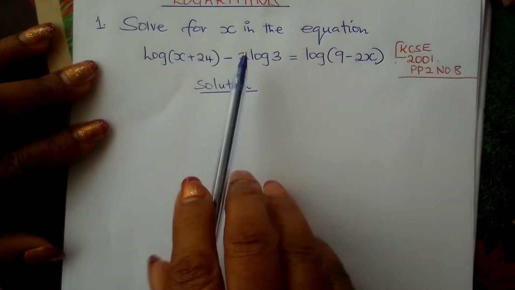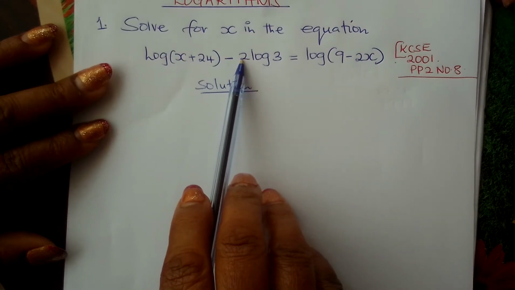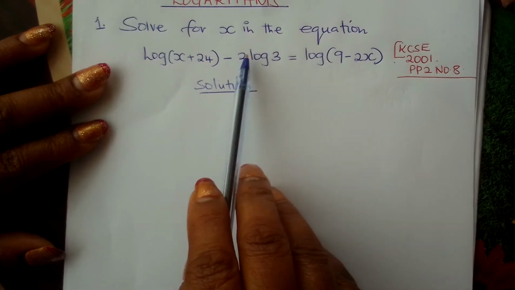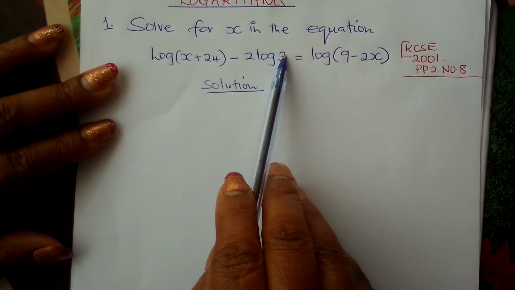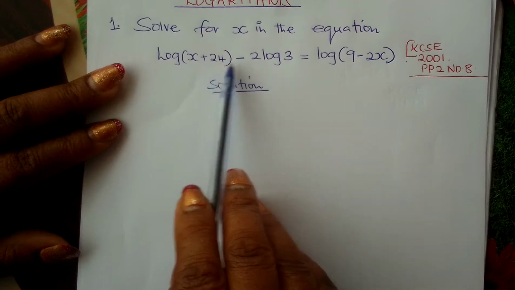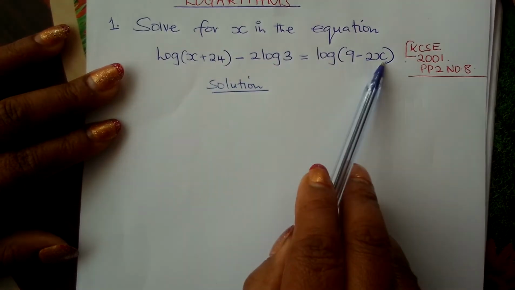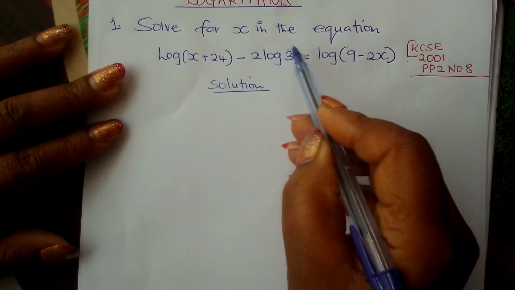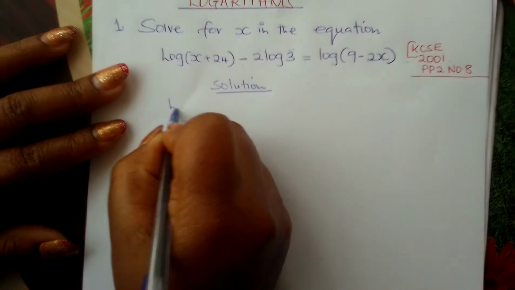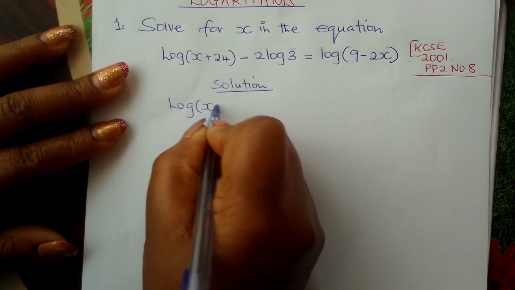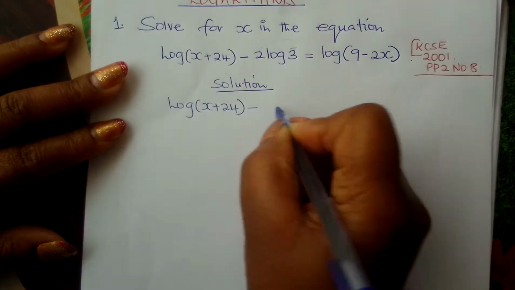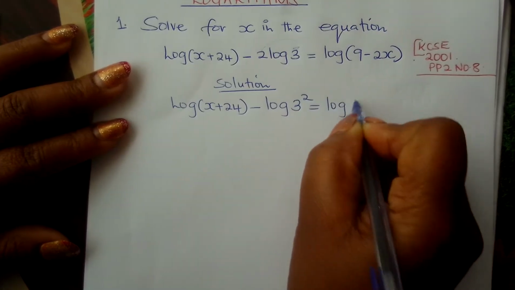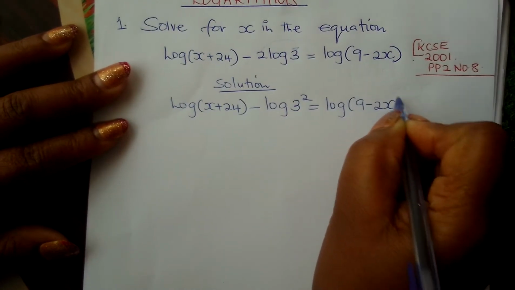The first thing you do is take the 2 up here to be the power of 3, so that every term starts with log. So we write log (x + 24) minus log 3 squared is equal to log (9 minus 2x).